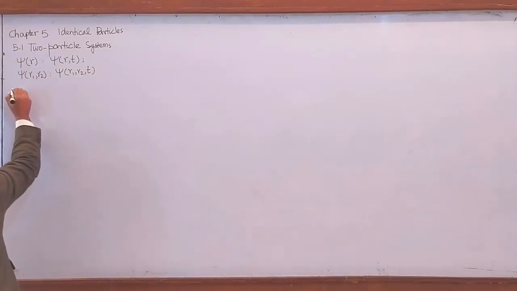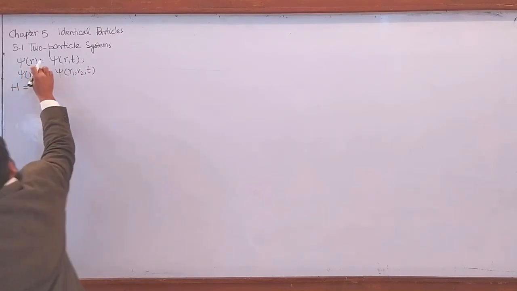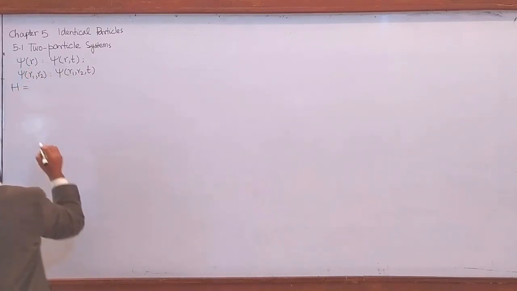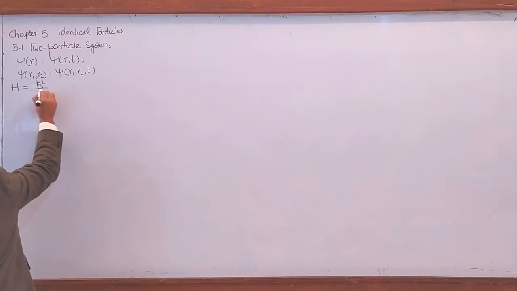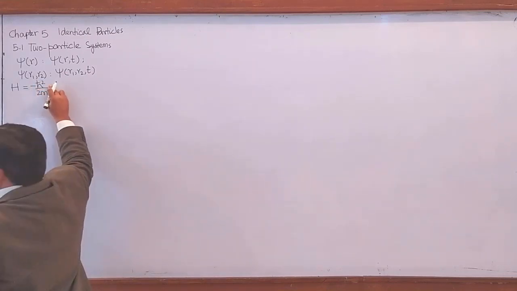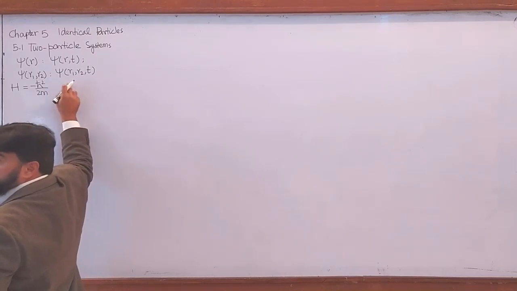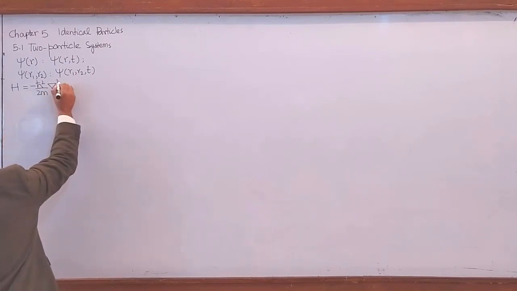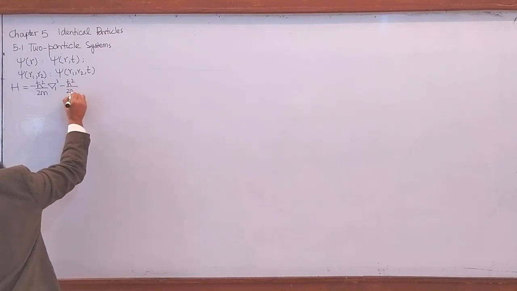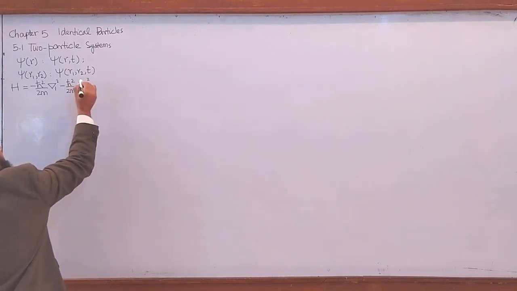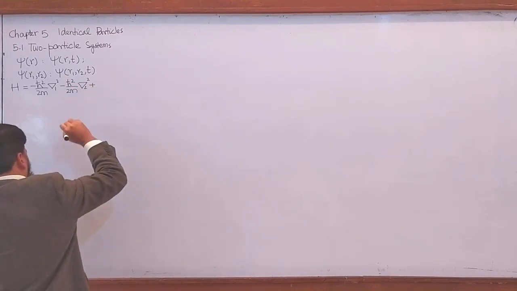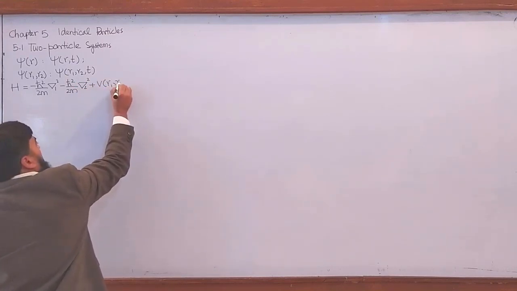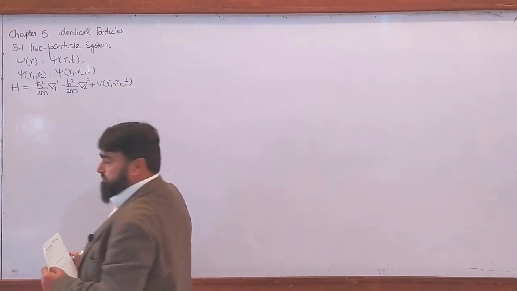The Hamiltonian will become, so I will not write the earlier form now. You know that thing. Then it was minus h bar squared over 2m del squared psi plus V of r psi, and this will now become minus h bar squared over 2m1 del1 squared, I am not writing psi, only writing the Hamiltonian, minus h bar squared over 2m2 del2 squared for the second particle, and plus V of r1, r2 and t.